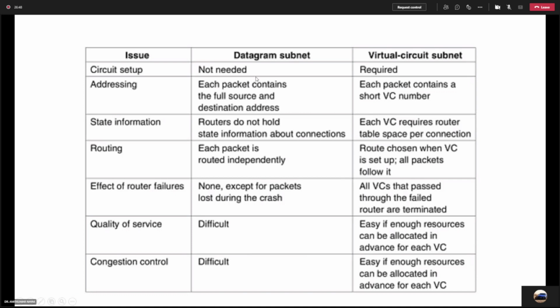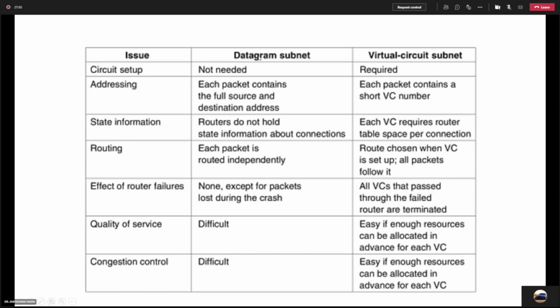So column number 2 represents datagram subnet, which is also representing the connection-less service, and column number 3, that is virtual circuit subnet, is representing connection-oriented communication.